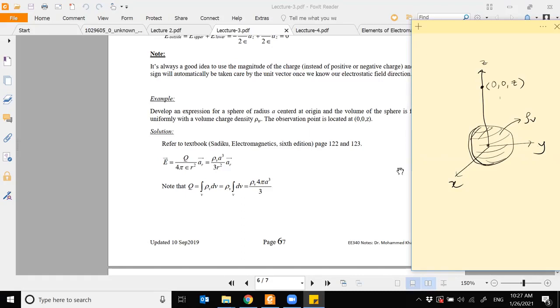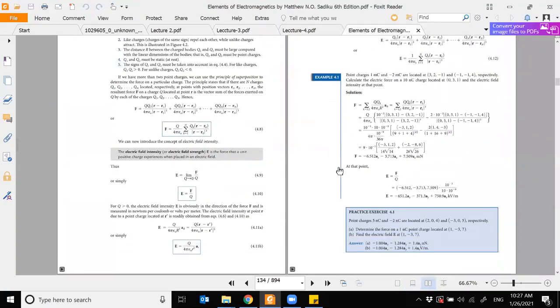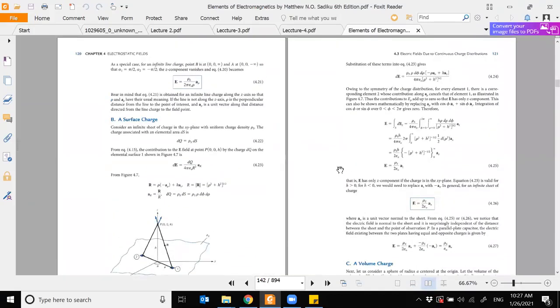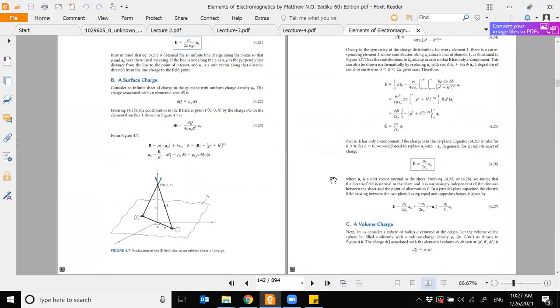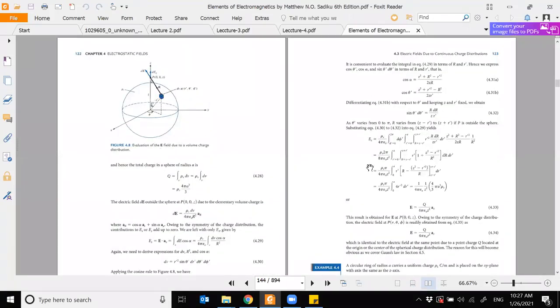And since we did it for the line charge and for the surface charge, for the volume charge I'm leaving it to you. So this is in the textbook. You can go and look at it in the textbook. This is for the volume charge.